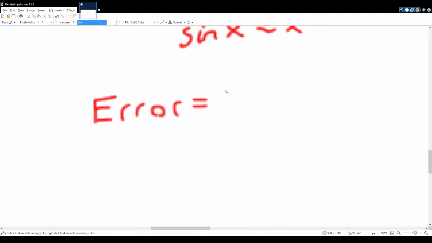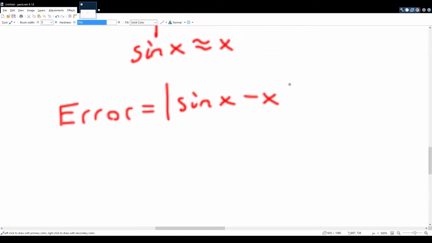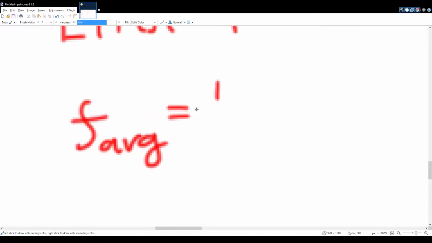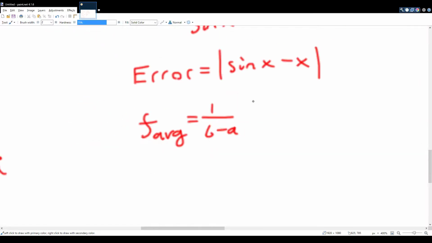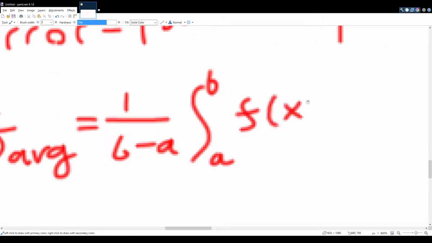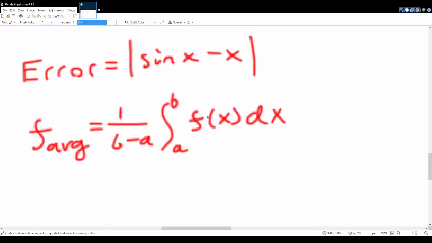The error is going to equal the absolute value of sine x minus x. And the average value of a function, you should learn this in your calculus class, is 1 over b minus a of the integral from a to b of f of x with respect to x.